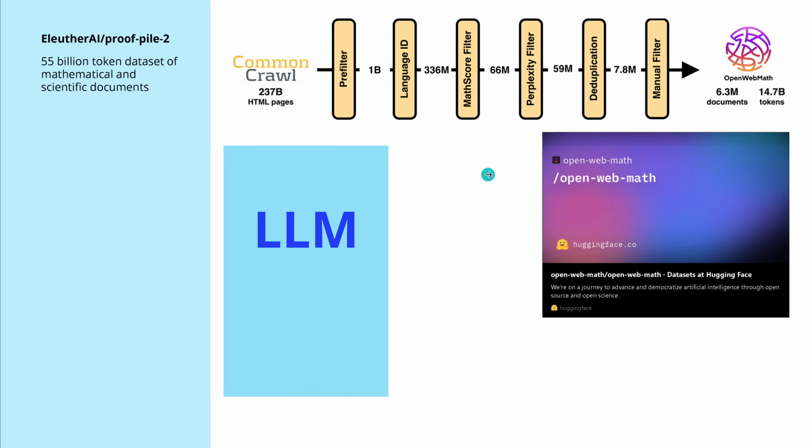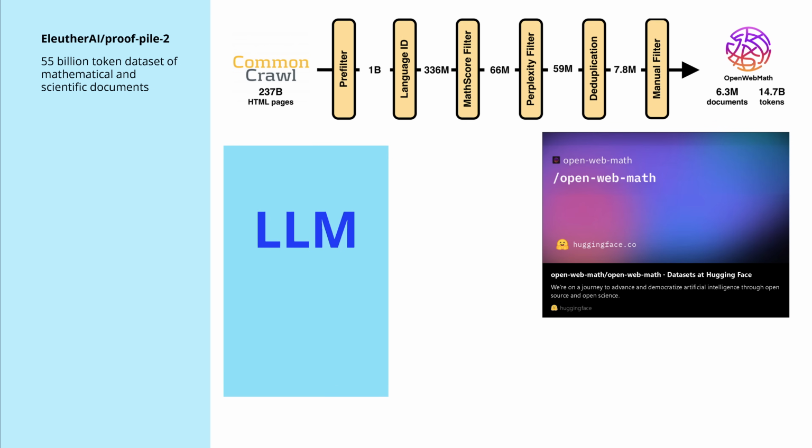Or we take here, for example, the Common Crawl. This is from 237 billion HTML pages from the internet. You filter it, you have a language filter, then you look particularly for the mathematical filter. Then you do deduplication, and you end up finally with about 6.3 million documents on the complete internet about mathematics.